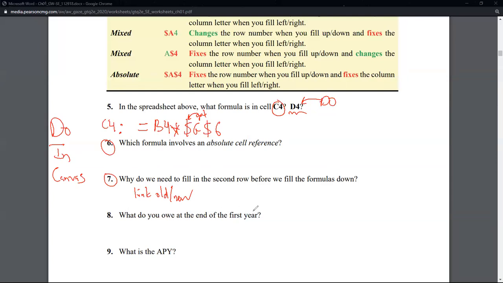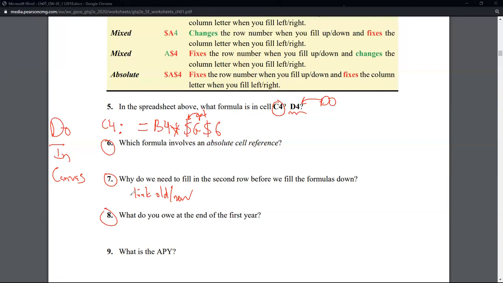What do you owe at the end of the first year? I'm thinking for a second if I want to give you this answer or not. You know what? There's 4 of them there. 1, 2, 3.